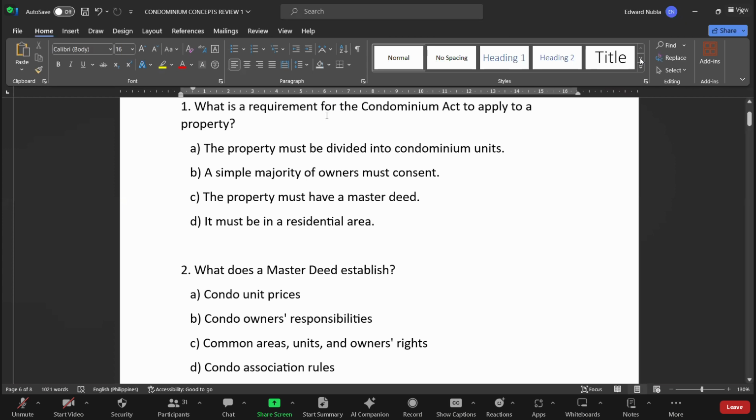Or D, condo association rules. What does a master deed establish? Condo unit prices, condo owners' responsibilities, common areas, units, and owners' rights, or condo association rules.